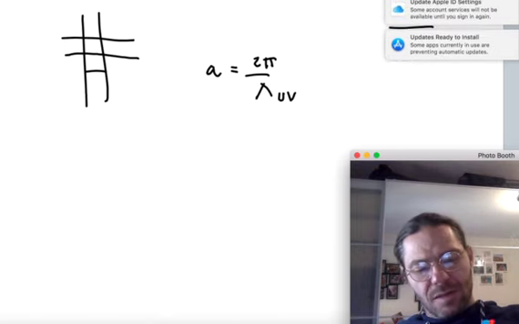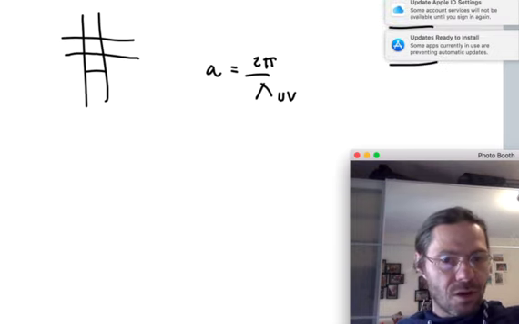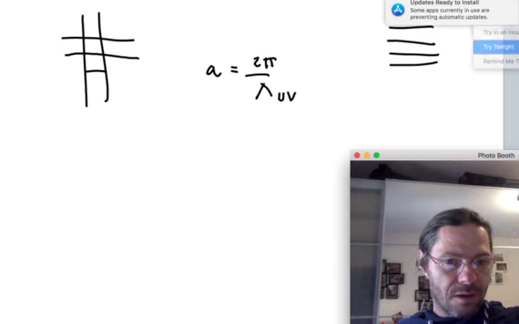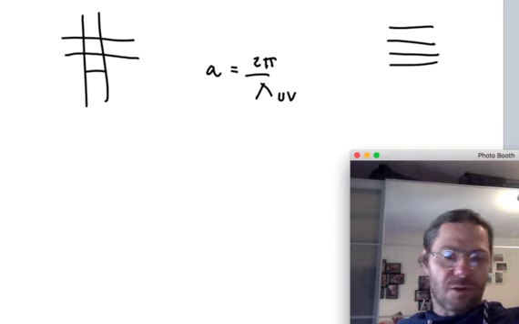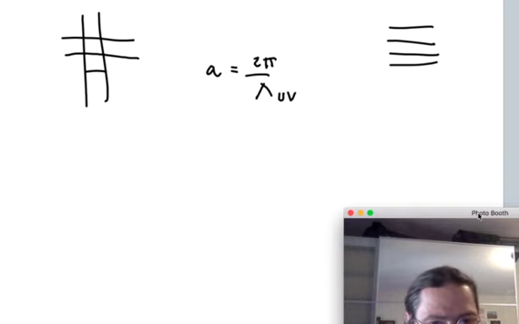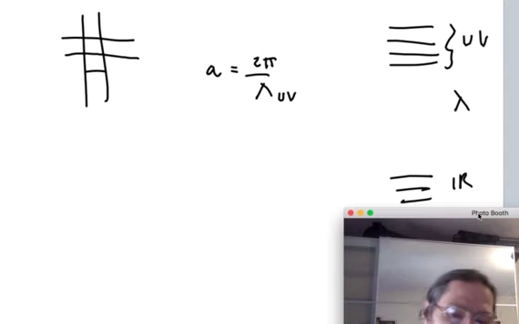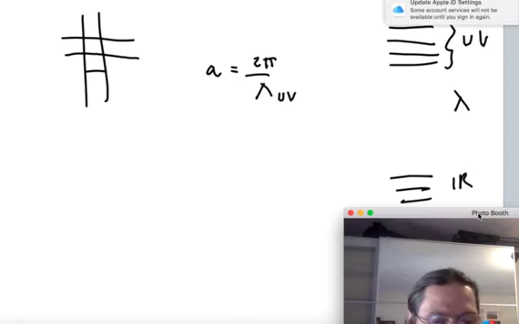So typically you imagine you have a spectrum with a gap. These are infrared frequencies, and these are hard frequencies, or UV frequencies, as you normally call them. And then we set lambda somewhere here. And then the typical lattice spacing is of the order of 2 pi over lambda.